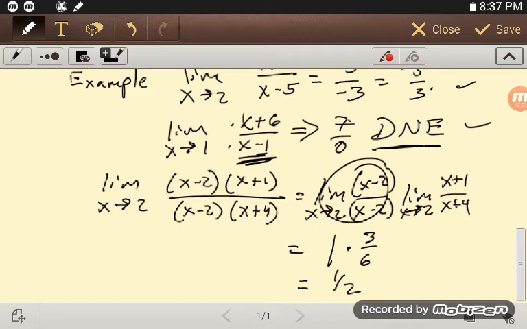They're just rational functions where the algebra ended up hiding some common factors, so we look for what those are, do our simplification, and see what we get.